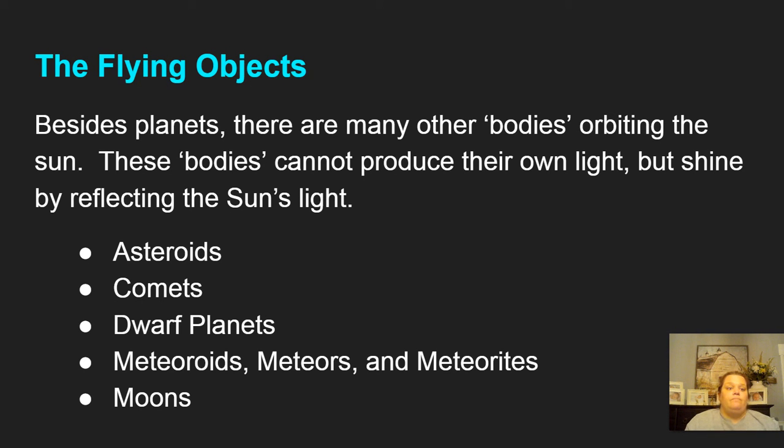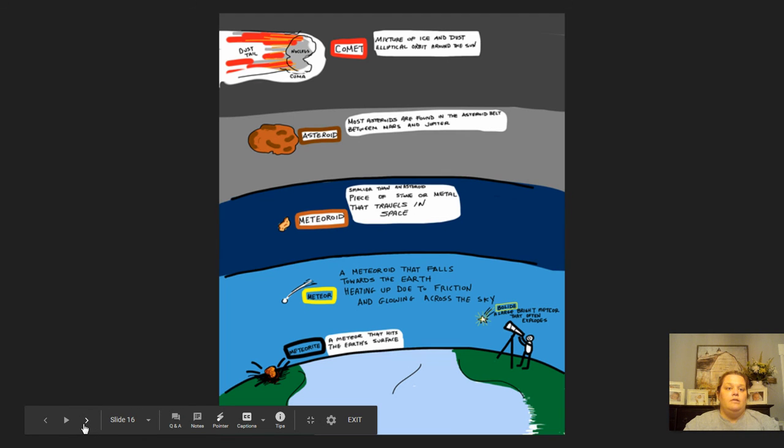There are 5 technical ones. They're called asteroids, comets, dwarf planets, meteor, and meteorite. It's the same thing, but they're different names as different stages as they come into Earth's atmosphere. And we'll talk about that. And then you have moons. So those are the bodies that are in space.